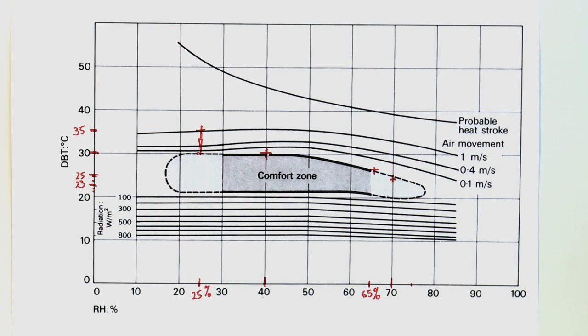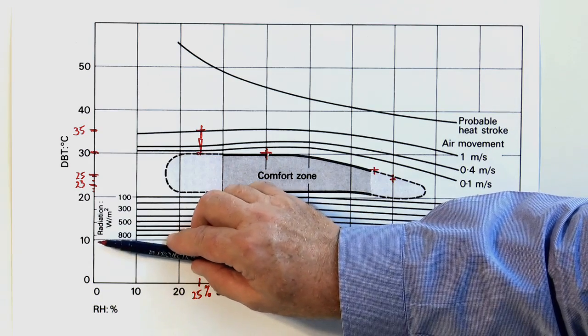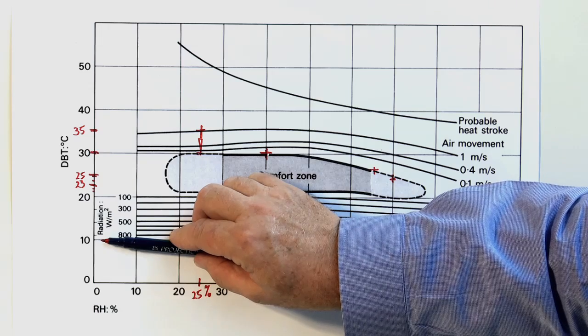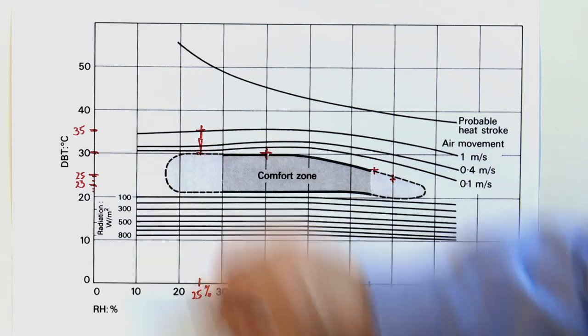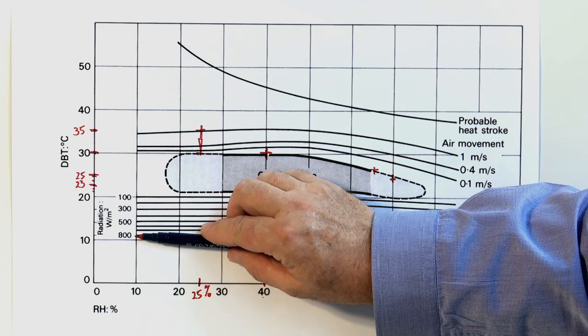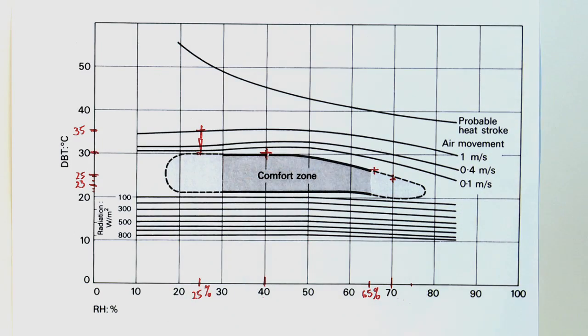The other beauty of the bioclimatic chart is it tells us, when we have temperatures down to 10 degrees Celsius through to 20 degrees Celsius, how many watts per square metre need to be introduced.